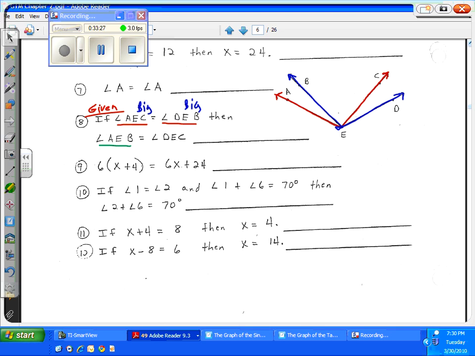And the result we're trying to get to is angle AEB, that's this little angle, is equal to angle DEC, that's this little angle. Little. And I'm writing big, little for a reason. Sometimes students aren't able to see what's going on, but if we just think logically instead of at the algebraic or geometrical pictures, in other words, take our mind off of the math application and just use common sense, then we can see we went from something big to something little.